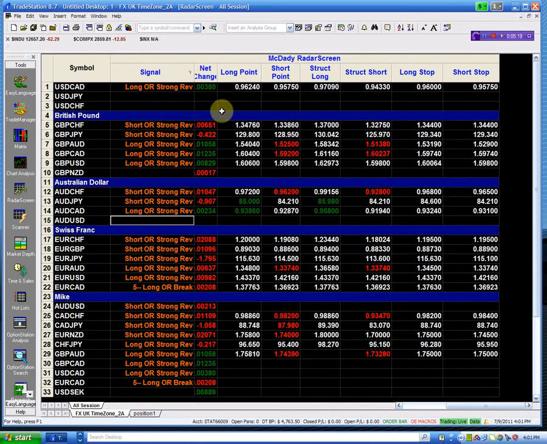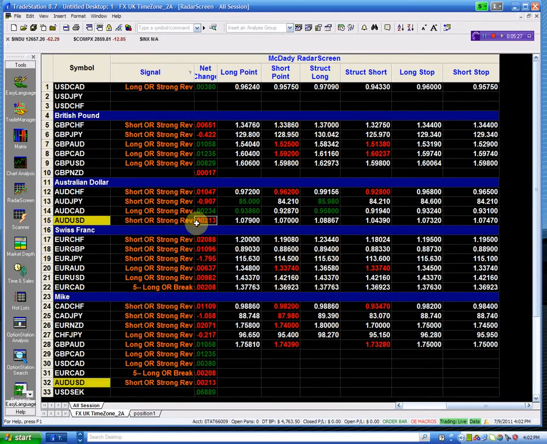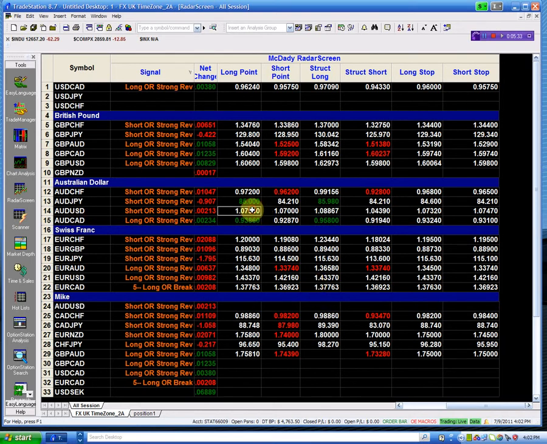Okay, so this is the Aussie dollar. I did it because it's not appearing, let's see if I can... it's not refreshing. Okay, now it's refreshing. So we're going to buy above the 107.90, and the stop is going to be the 107.32.